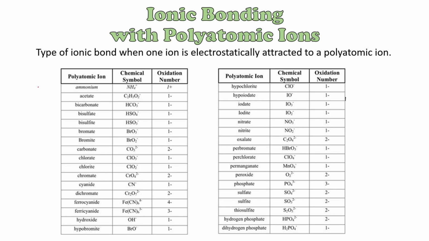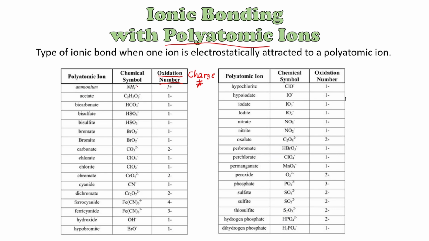The term polyatomic means there are more atoms, different atoms in one ion. Like for example, 1 plus as charge. Oxidation number is also charge number. Oxidation number, charge number, the number that we see here with the plus and minus.